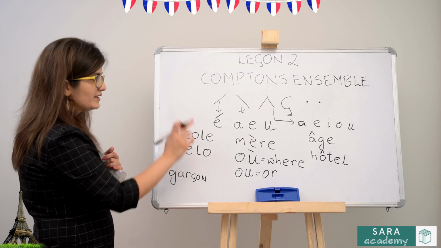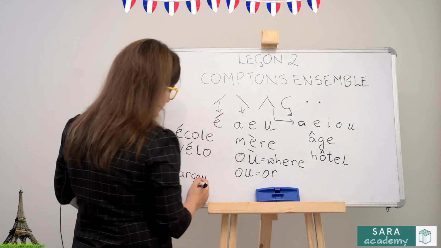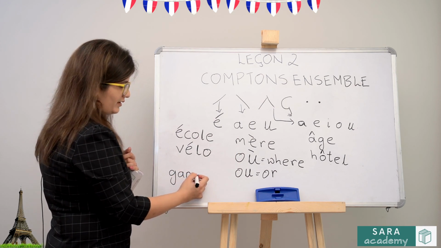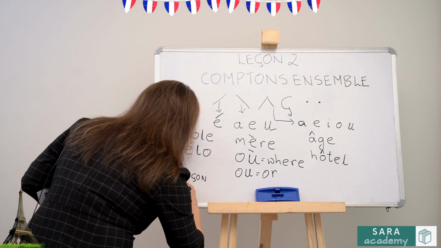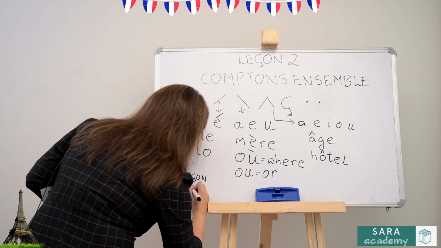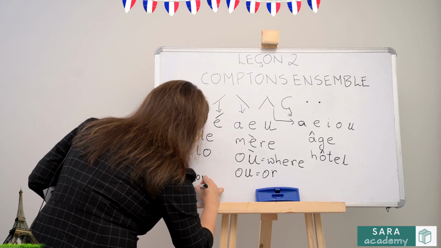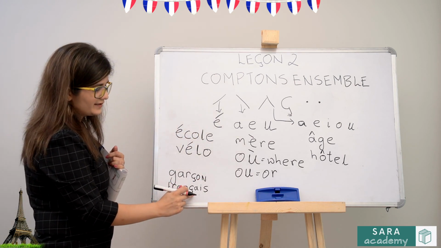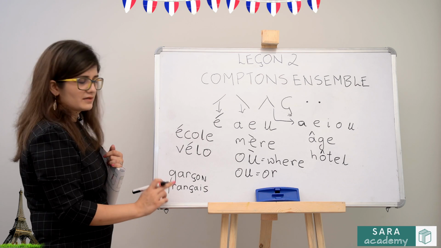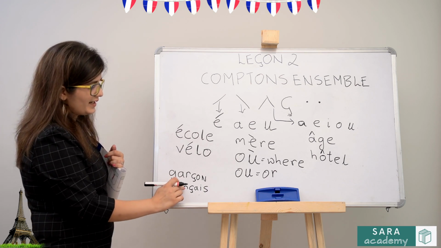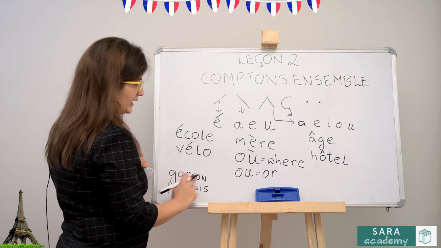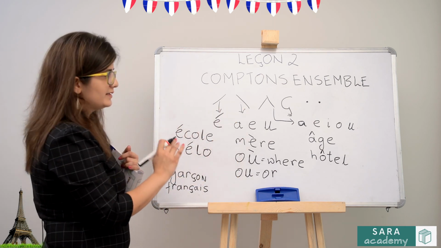This is how you memorize it, and this only and only comes with C. French, for example, is français, F-R-A-N-C cédille-A-I-S. So C cédille only and only comes with C.